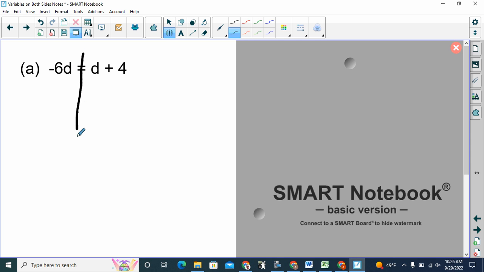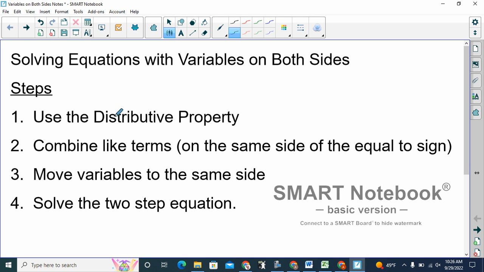My equal sign's right here, and this negative 6d and this positive d, they're on different sides of the equal sign. If they're on different sides, I cannot combine them. I don't have any like terms that can be combined. So there's nothing we need to do with steps 1 and 2 here.